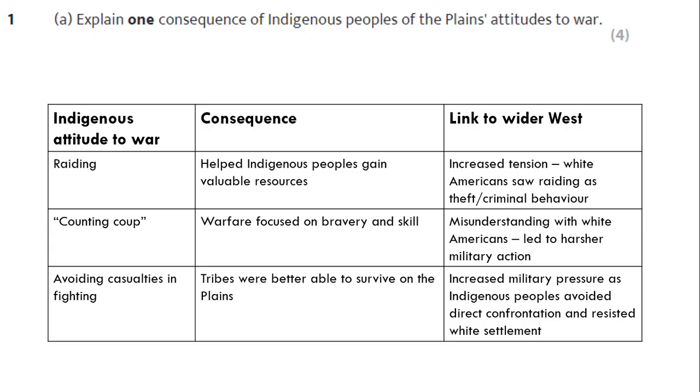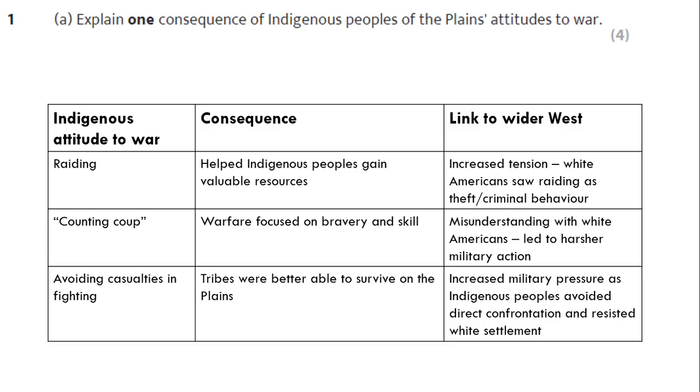Counting coup is a way of fighting in which you try to touch your enemy or your opponent without being harmed or touched yourself. So this meant that warfare focused on bravery and skill. And then the third one, linked to counting coup, is the belief or attitude that casualties in fighting should be avoided. This meant that tribes were better able to survive on the plains because they had more warriors available.